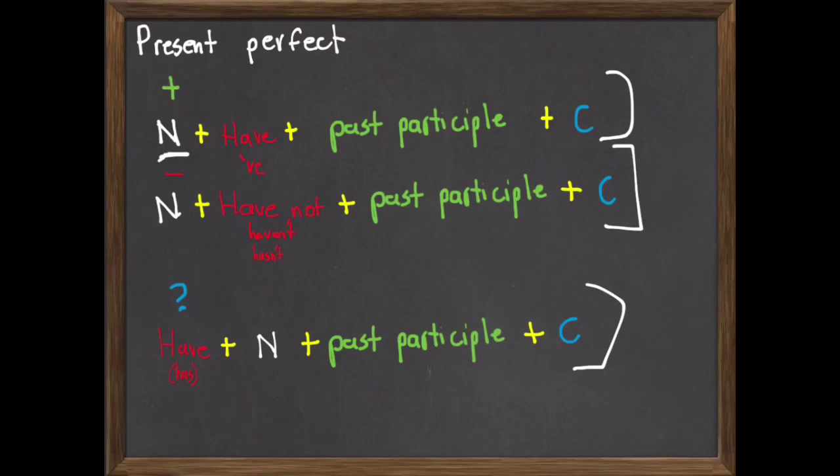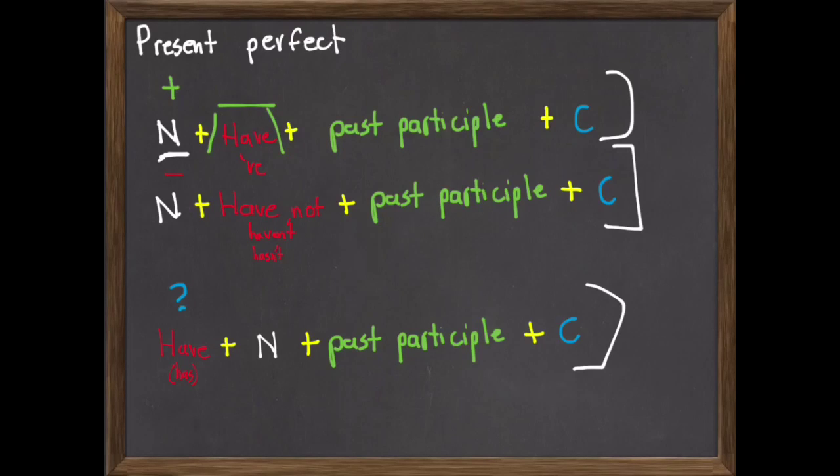We use the auxiliary verb to have for present perfect, and we also use the past participle of the verb. The past participle of regular verbs is the same as the past simple. Irregular verbs often have different forms for the past participle compared to the past simple.